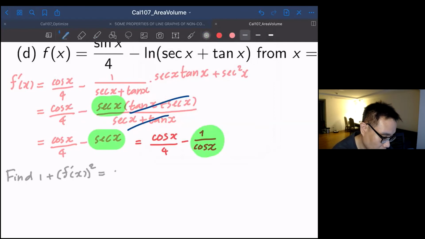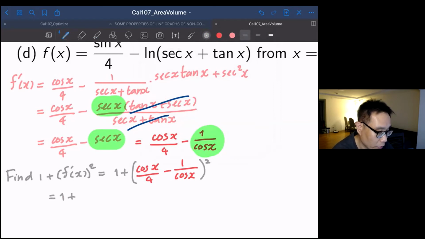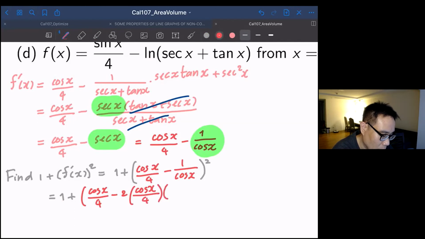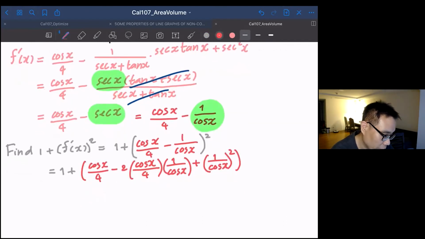So it's going to be 1 plus (cos x over 4 minus 1 over cos x) squared. Then you expand this out: (cos x over 4) squared minus 2 times cos x over 4 times 1 over cos x plus (1 over cos x) squared.